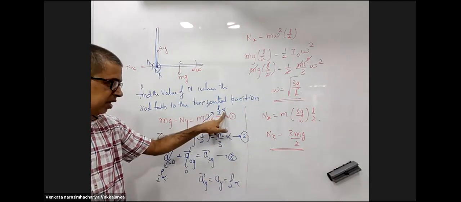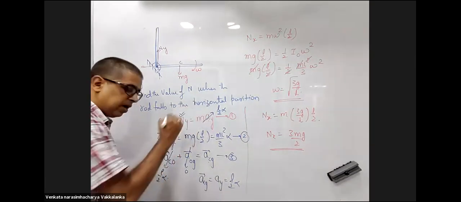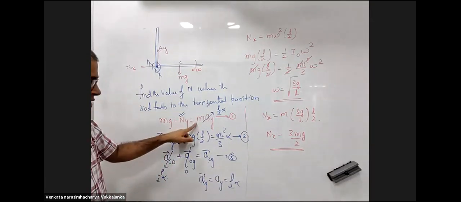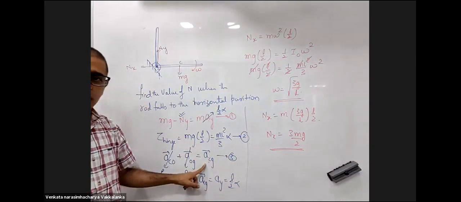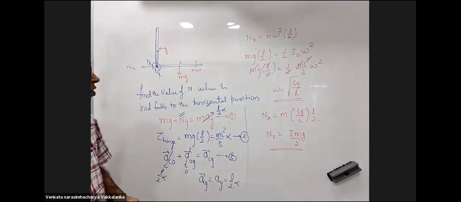Substitute alpha from here at this place. Will I get Ny? Translational dynamic equation, rotational dynamic equation, constraint relations.